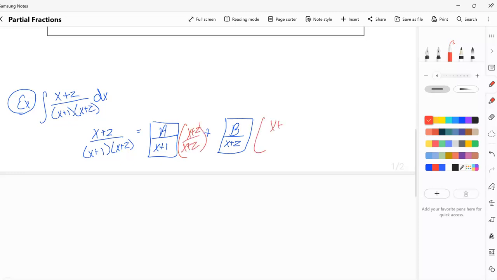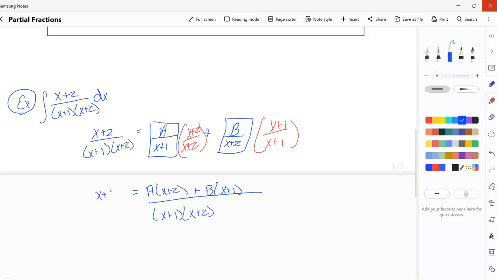This fraction is going to be multiplied by x plus 1 over x plus 1. So when I do that, I'm going to have A times x plus 2 plus B times x plus 1 over that common denominator. And that's going to be equal to my original fraction that we have.